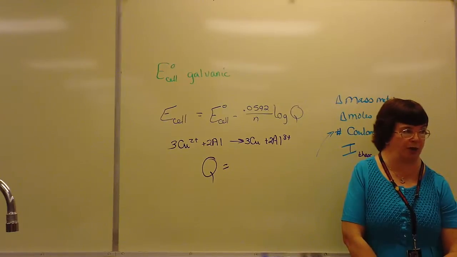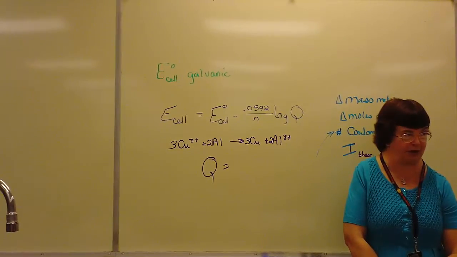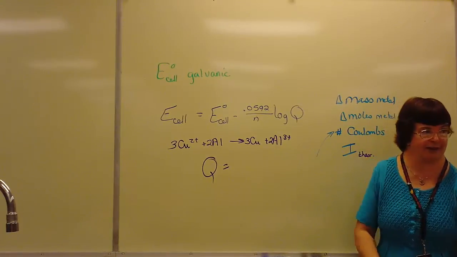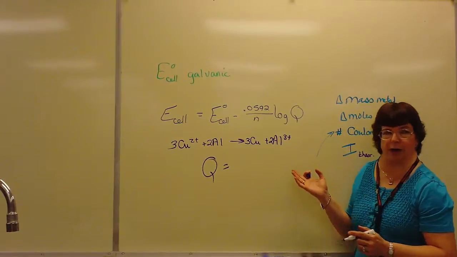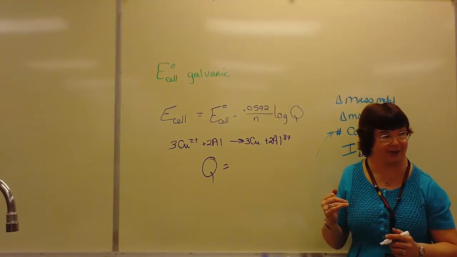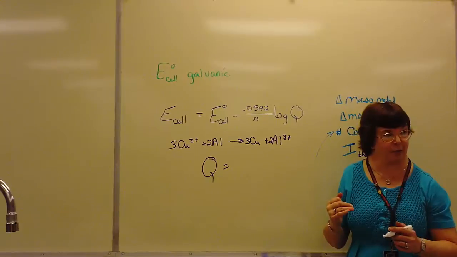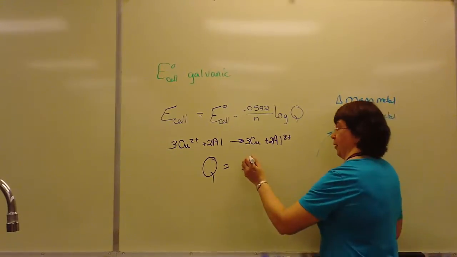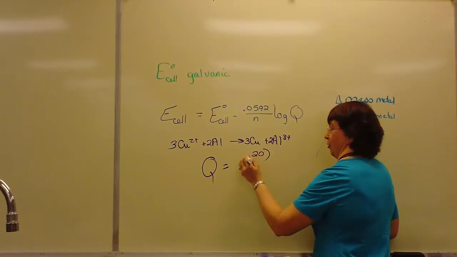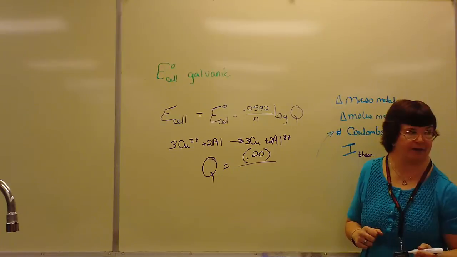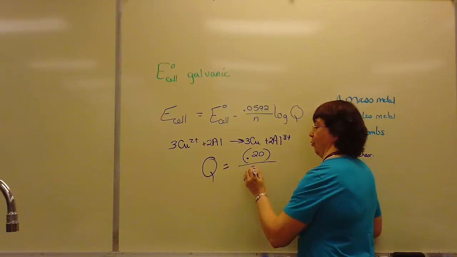What goes in the numerator of an equilibrium expression? Thank you. Which are what concentration? What are your products? 0.2. Okay, so aluminum ions are on the product side. Their concentration, 0.2. So I've got 0.2 molar over 0.8 molar.